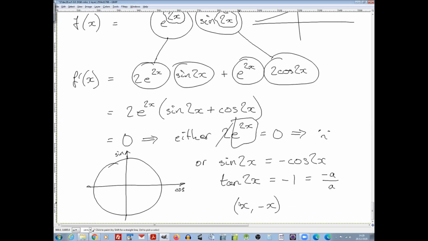Where are the x and y coordinates equal to each other? Y equals x, which is there, isn't it? So which line has this as a general point? Y equals minus x, which is here, isn't it? Roughly. Try again.